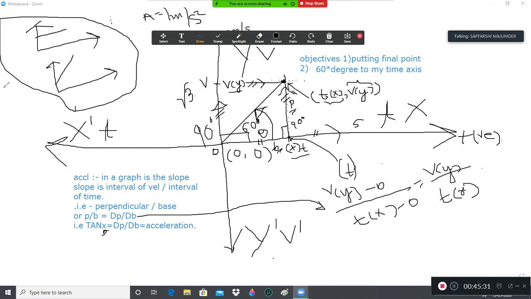I have told you how to use this. Here tan is 0. You need to draw like this. The first rule is that if any graph is given, you need to drop a perpendicular and a base along, so that the slope could be the hypotenuse of a triangle.